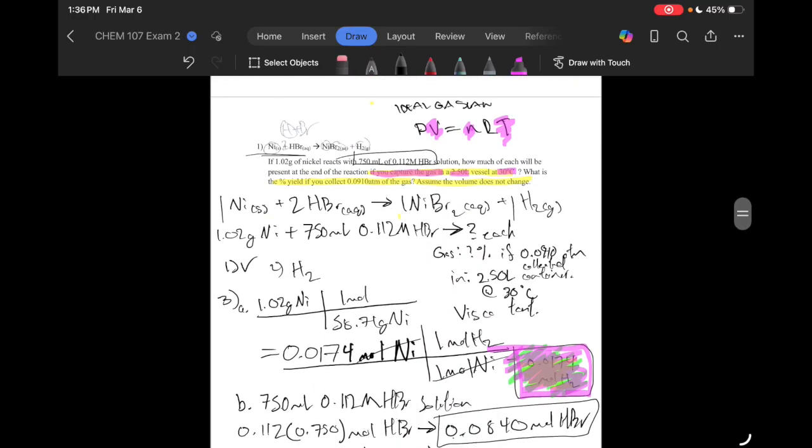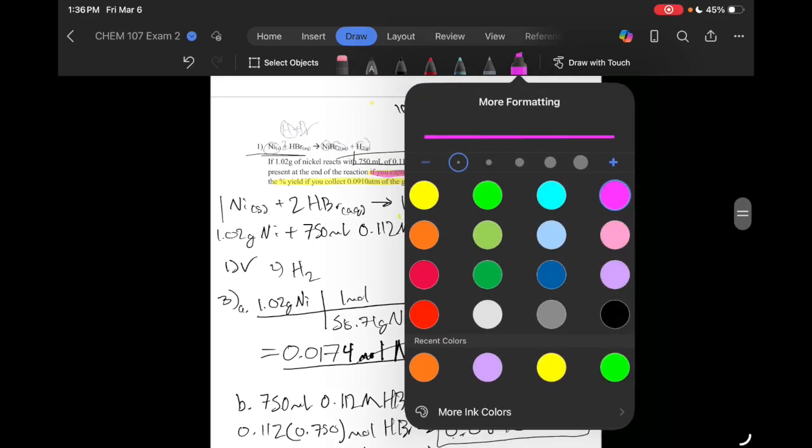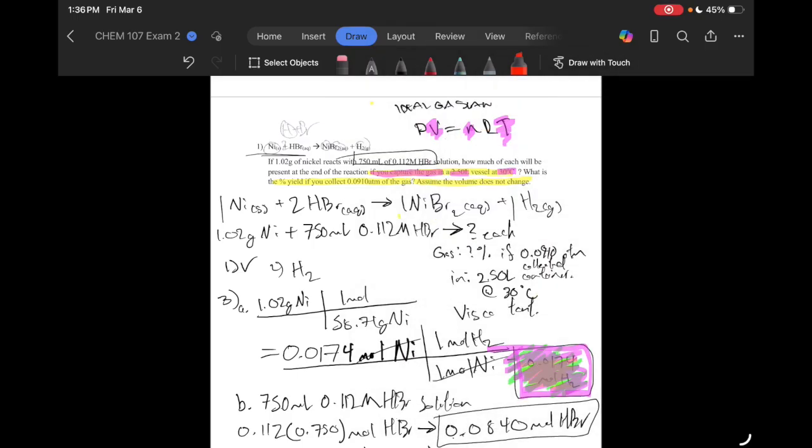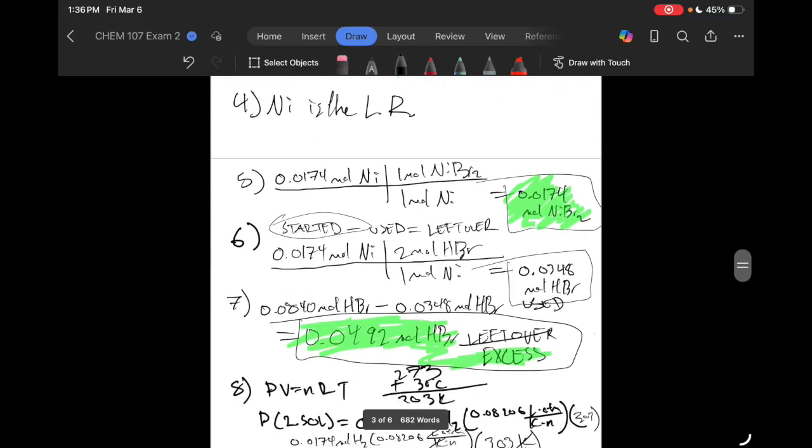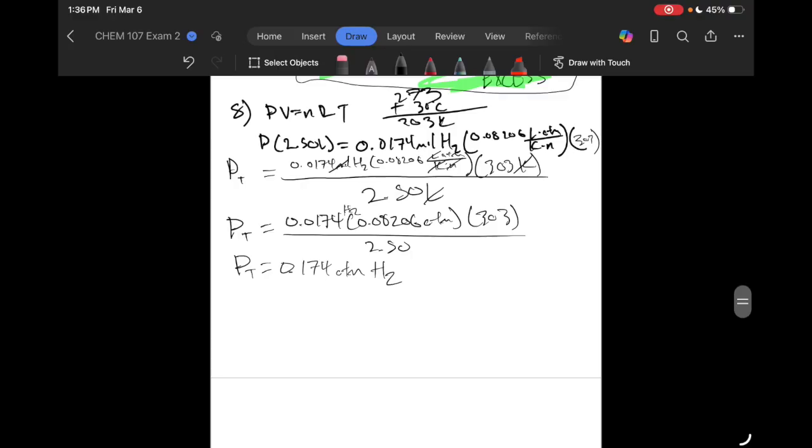Now, when we go back up to the problem, it was asking us what is the percent yield if you collected 0.0910 atmospheres of the gas. So what does that mean? Well, we found the theoretical pressure on paper, but once you do this reaction in a lab, in real life, obviously there's going to be some error, and so you might not always get your theoretical value.